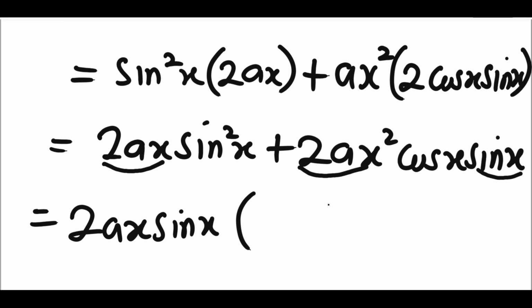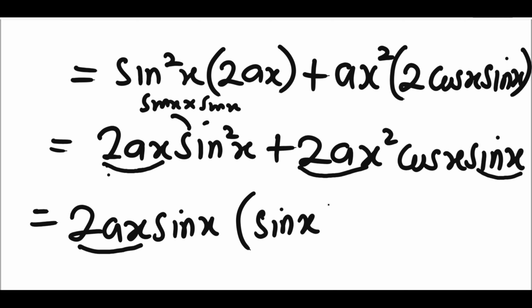When 2a divides these two, we are going to get 1. Then sine x divides sine x squared, which is the same as sine x times sine x, so we are left with sine x over here. Now when you use the 2ax here to divide 2ax squared, you'll be left with x.